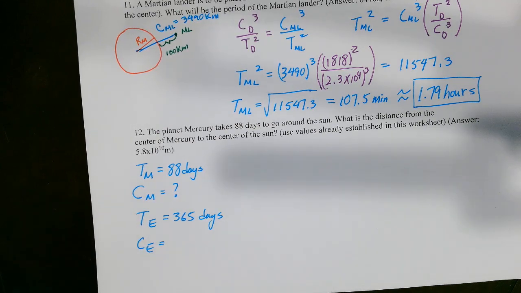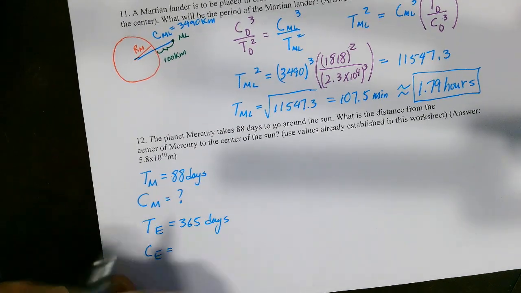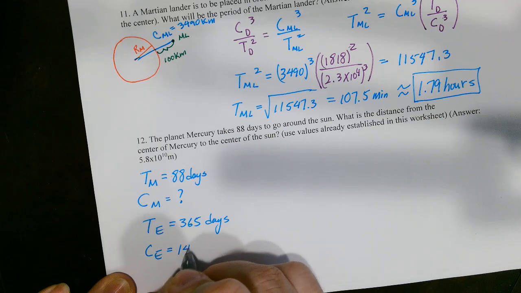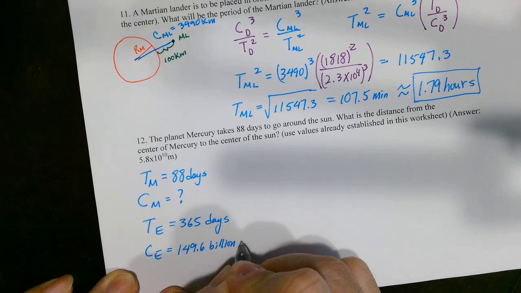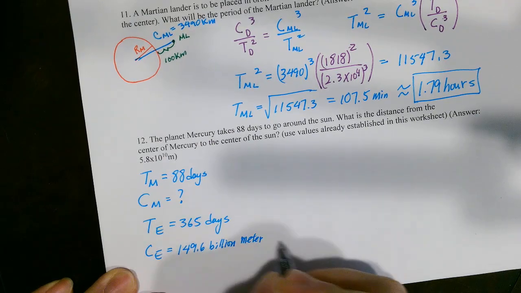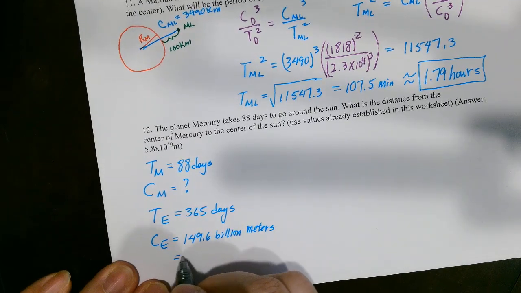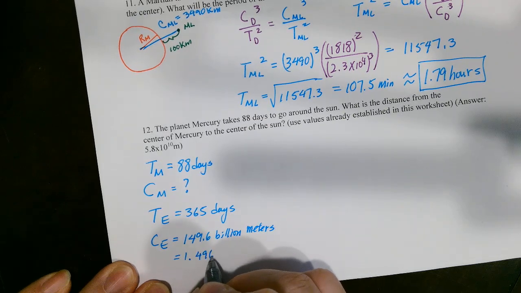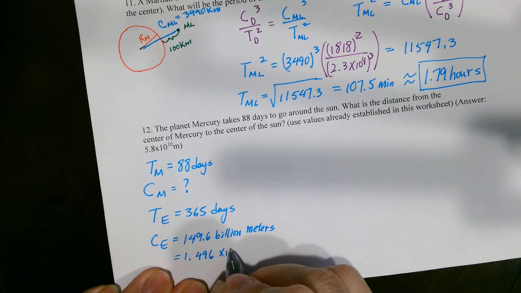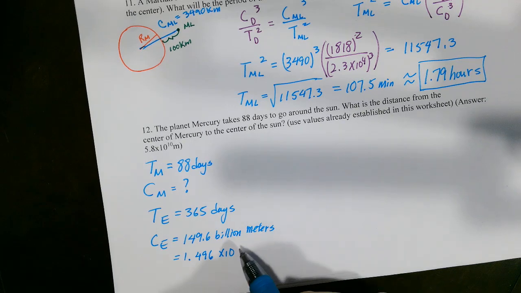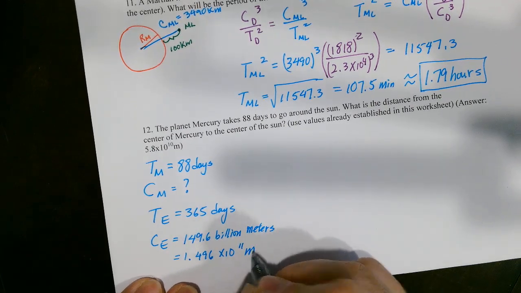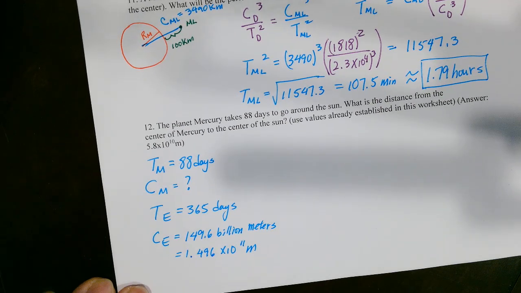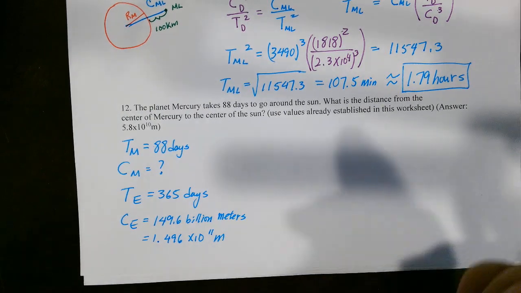So it looks like 149.6 billion meters, right? So 1.496 times 10 to the, now billion is ninth, 10th, 11th, right? 11th meters is how much it is. So that's the distance from Earth to Sun.